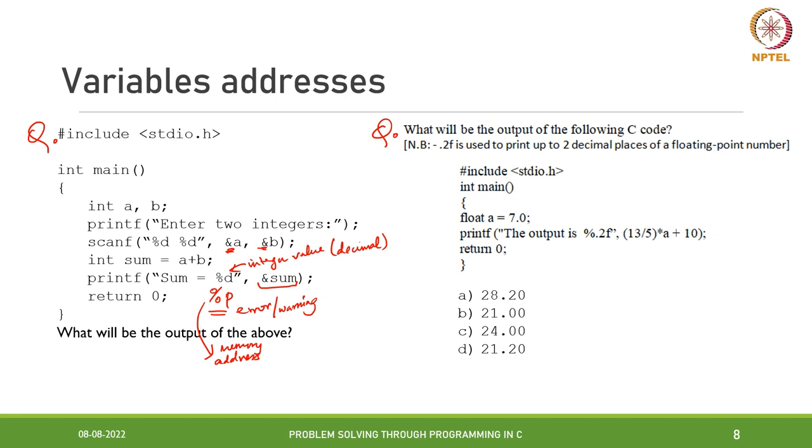There are certain formats you can write for hexadecimal as well, and that would also work because memory addresses are mostly in hexadecimal. If you use the format specifier for hexadecimal, you don't need percentage p in that case. You can still print the memory address.